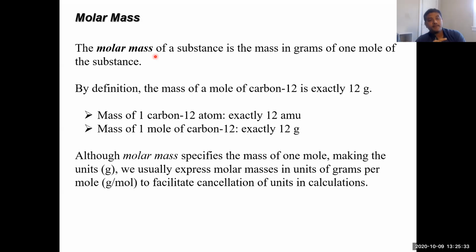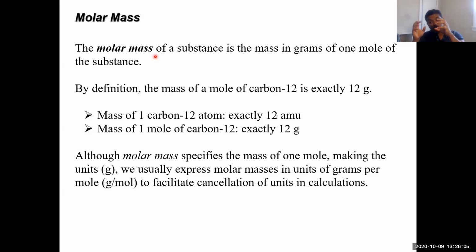Thankfully, in the periodic table, what you already see is the average atomic mass. So that mass is directly equal to your molar mass. For example, for carbon, 1 mole of carbon is going to weigh 12 grams, because that's what you find as the average atomic mass. For oxygen, 1 mole of oxygen contains 6.02 times 10 to the power of 23 atoms.